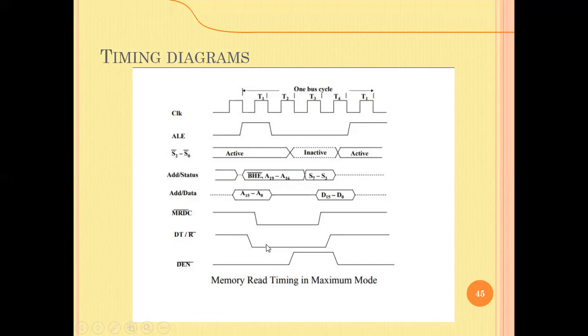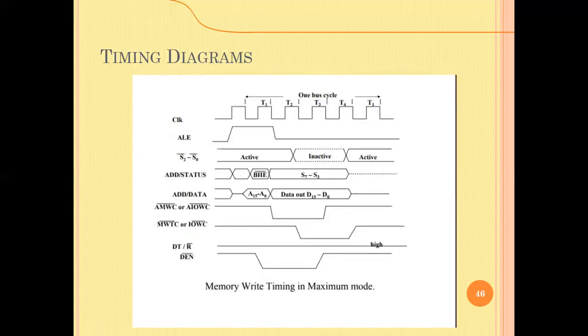In this way, the read can be done in the maximum mode. The only one or two modifications with respect to minimum are that S2 to S0 is added here, and instead of just read we are having memory read, and you can also have IO read and IO write.